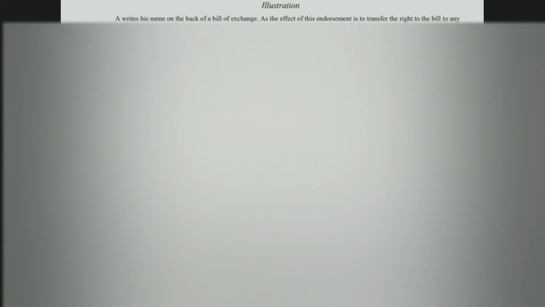Will, a will. The word a will denotes any testamentary document. Most of the words are defined. What is act? What is omission? Right? That means there will be some provision in the statute that will define words. All right. So definitions. So inside the statute, you will get some definitions as well.